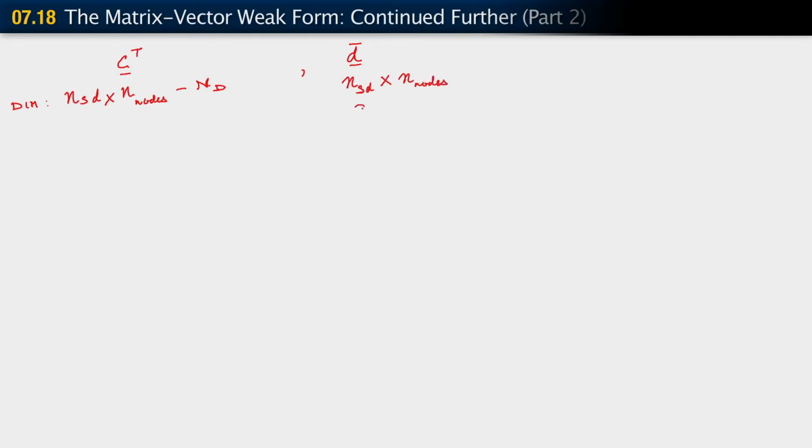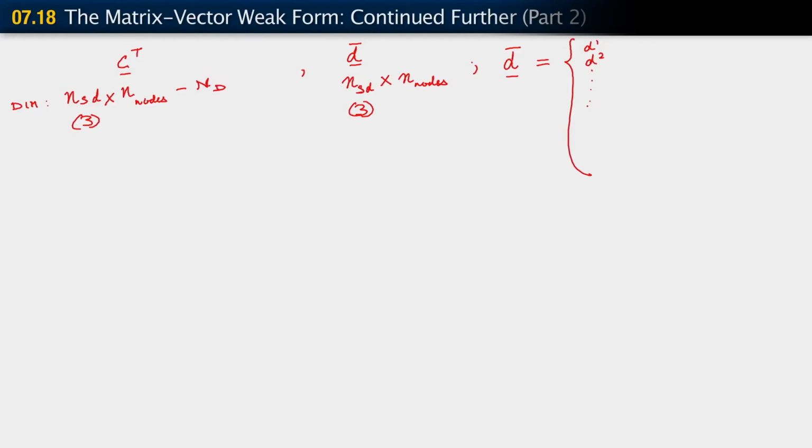Of course, number of spatial dimensions, because we're developing a problem in 3 dimensions, is 3. Okay, all right. But then we also observe that D bar consists of entries of the form D1, D2 and so on.